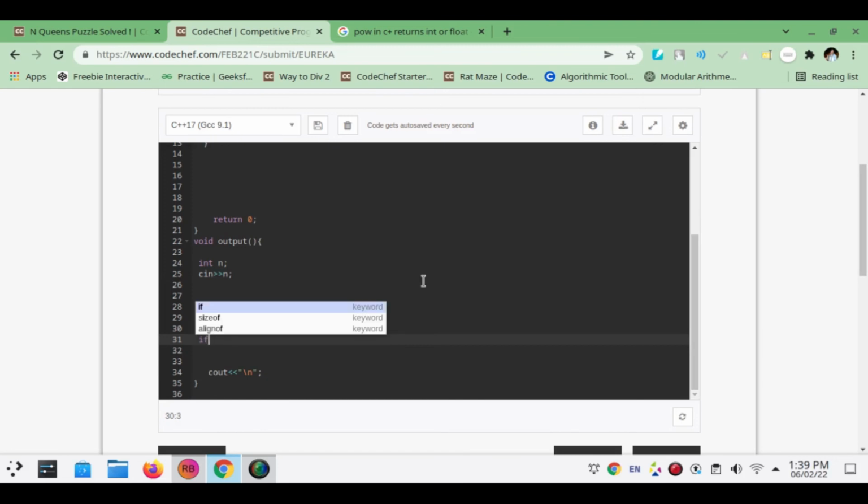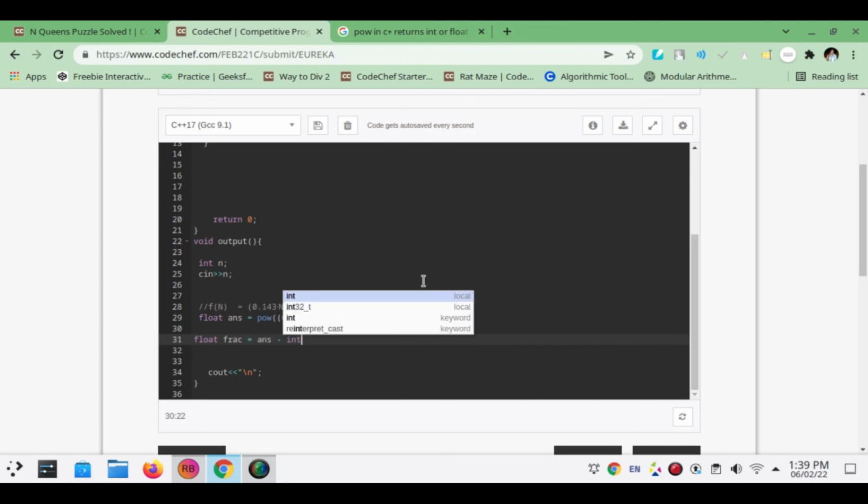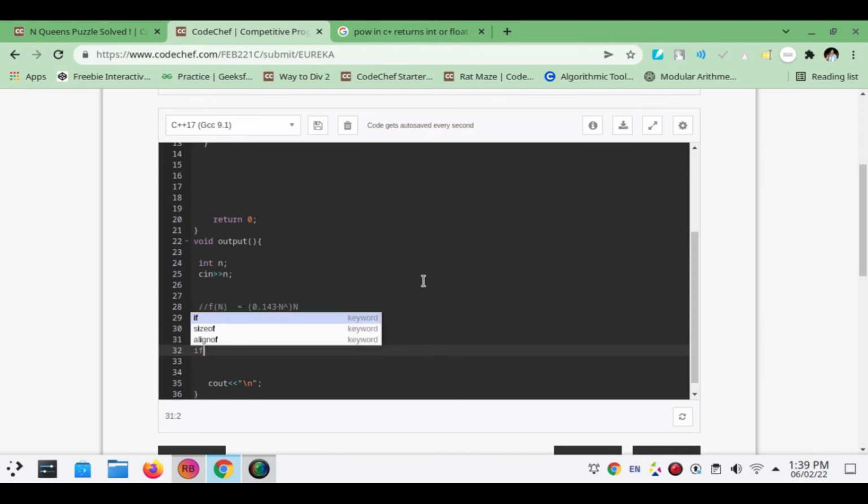So now, as discussed, we will have something called float fractional part. It will be basically answer minus, we have typecasted it, integer of answer. It will give us the fractional part. Now we will have cases.